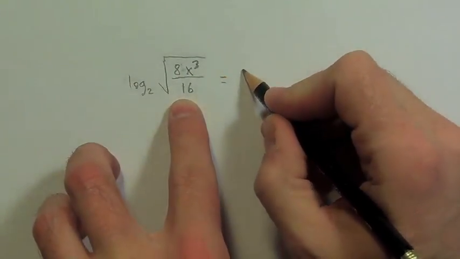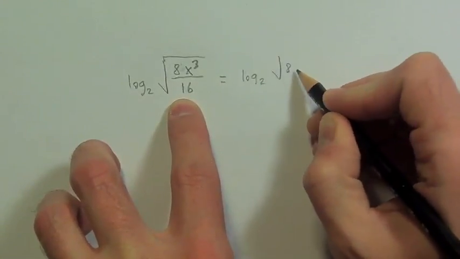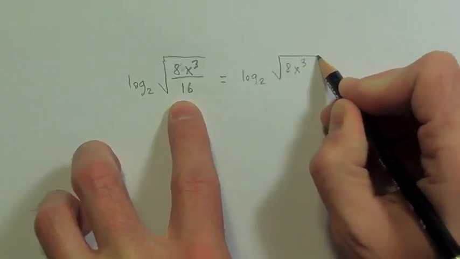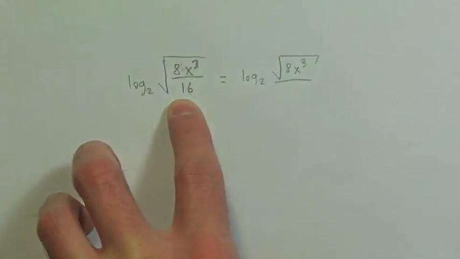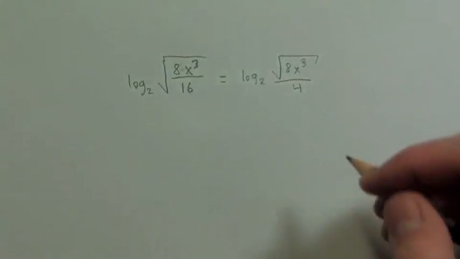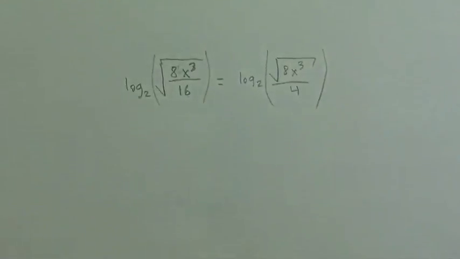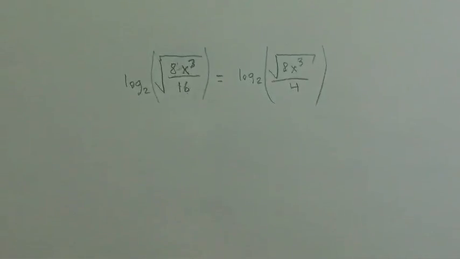This, I could say, is log base 2 of the square root of the top over the square root of the bottom, which will just be 4, since 4 times 4 is 16. Okay? So let me put parentheses around here so it's not ambiguous as to what's inside the log. So now I have log base 2 of the square root of some stuff all over 4.